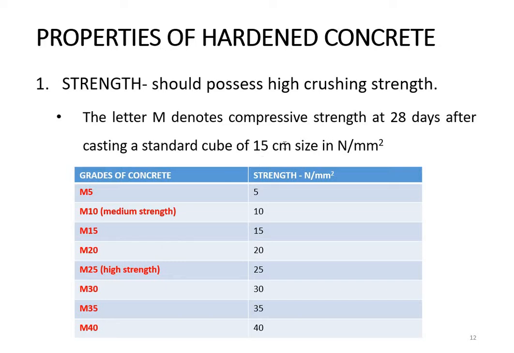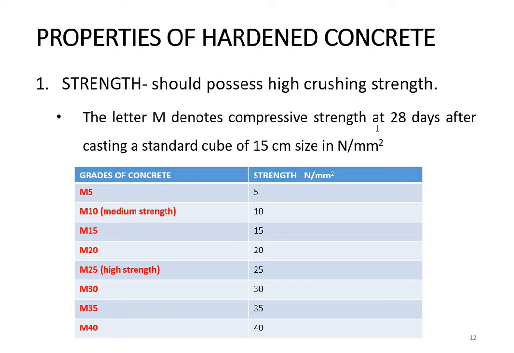The letter M denotes the compressive strength at 28 days after casting the concrete of a standard cube of 15 centimeter size. We are going to cast a concrete cube with a mixture of cement, sand, coarse aggregates, and then water.